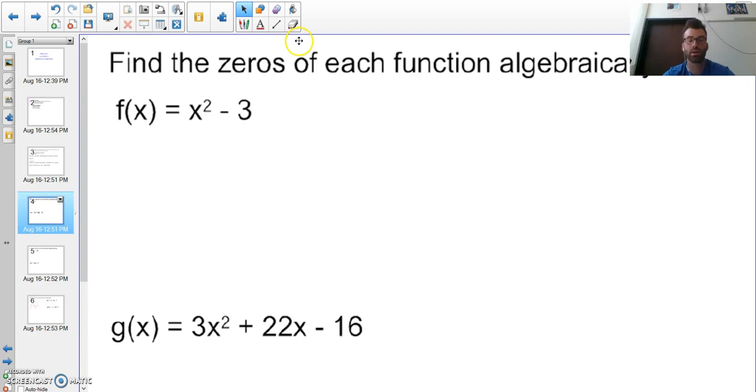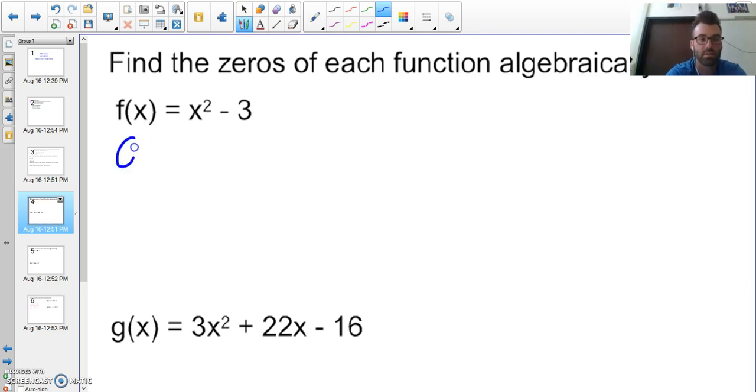Let's try an algebraic example. My function is x squared minus 3, so I'm going to set f of x equal to 0 and solve. To solve for x, I'll add 3 to both sides, so 3 equals x squared. How do you get rid of a square term?